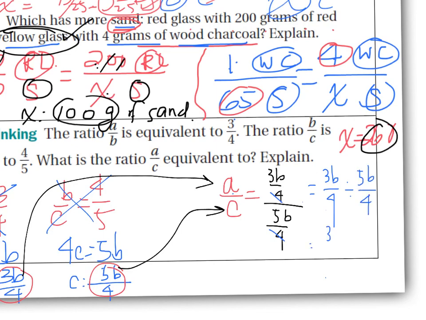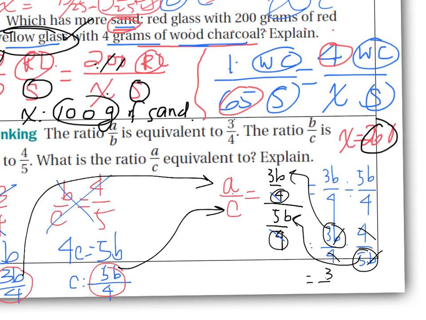And remember, we need to flip the second fraction, 4 over 5B. As you can see, I need to cancel out the 4, just like what I did here. And the 3B is still in the numerator, and 5B is in the denominator. Same thing. You cancel out the B to get 3 over 5, and it's the same answer. And that's it.